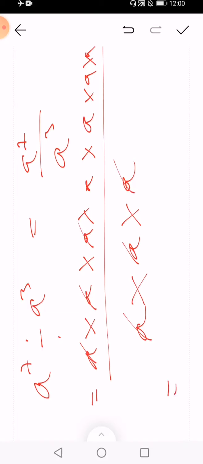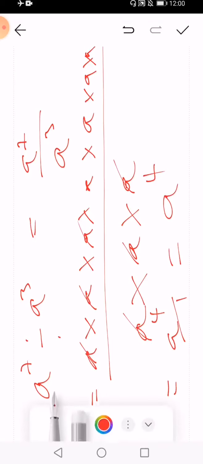So now what we have is 4 a's. So we have a to the power 4 divided by 1, which is the same as a to the power 4. Now I want us to study these numbers.